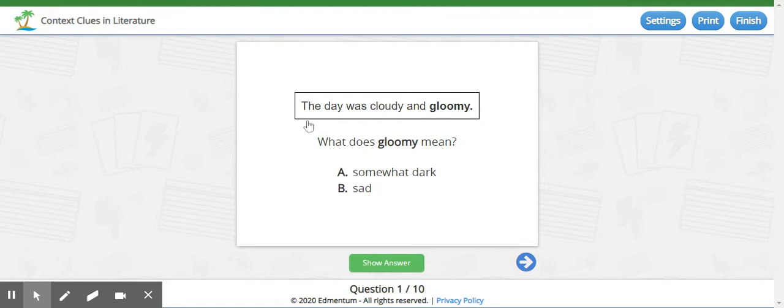The day was cloudy and gloomy. The day was cloudy and somewhat dark. Ask yourself, did that make sense? All right, now let's try B. The day was cloudy and sad. Sad and cloudy aren't associated with each other in this text, so let's think about synonyms.